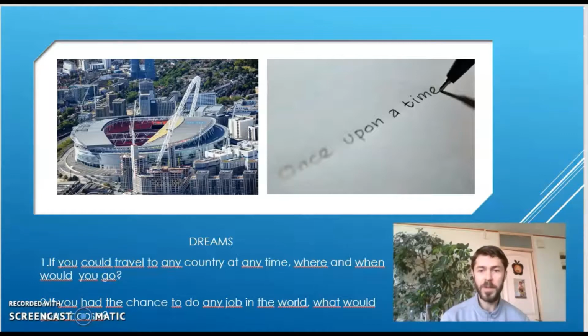So here we're talking about dreams in the sense of things that are hypothetical or unreal. Okay, and so these are things that probably the person won't in reality do or is unlikely to do.